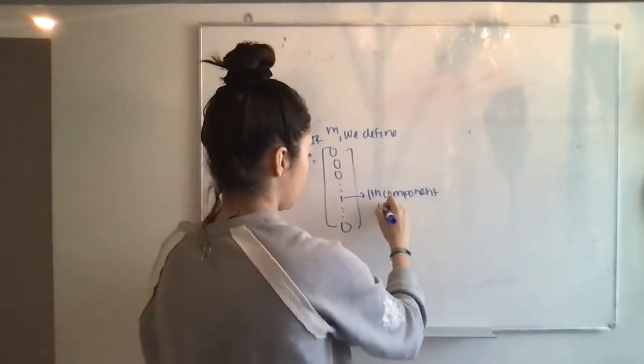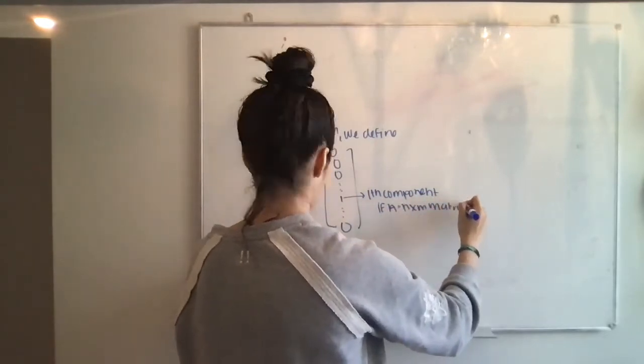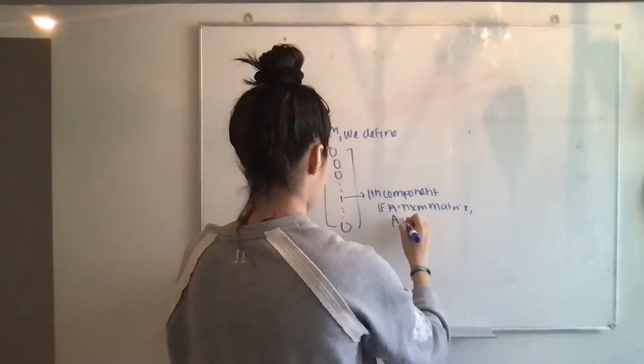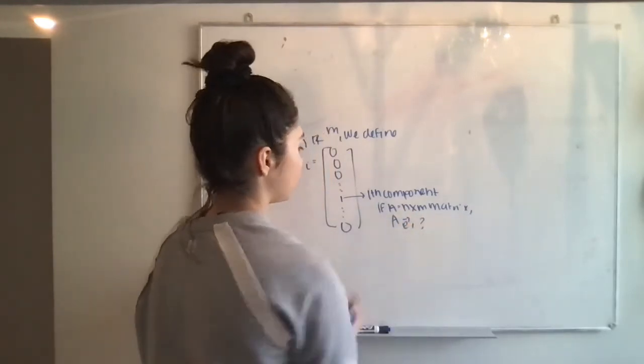They want to know: if A equals an n times m matrix, A times e_i is what?